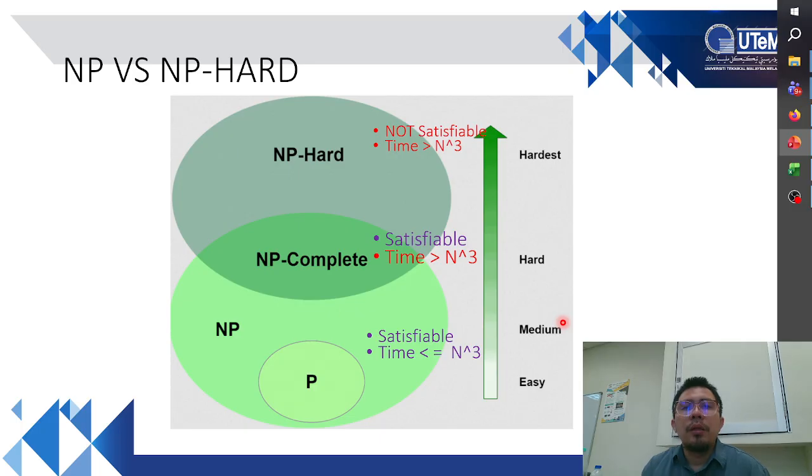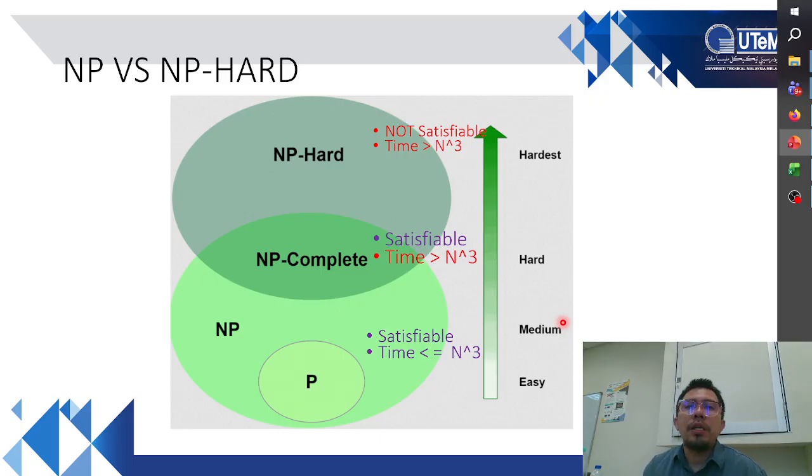In terms of time, solving is much less than n power of 3, which is polynomial time. For NP complete, the problem must be satisfiable. It means the problem can be solved, but the time to solve it is greater than polynomial time, n power of 3.